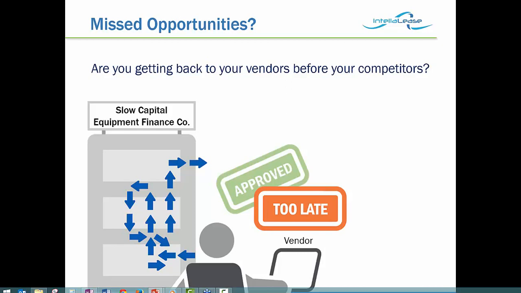And if there are clients who send shotgun apps to multiple finance companies, you want to be one of the first to get back. And if you can automate some of the process to do that, then you're one step ahead of your competitors with a competitive advantage.